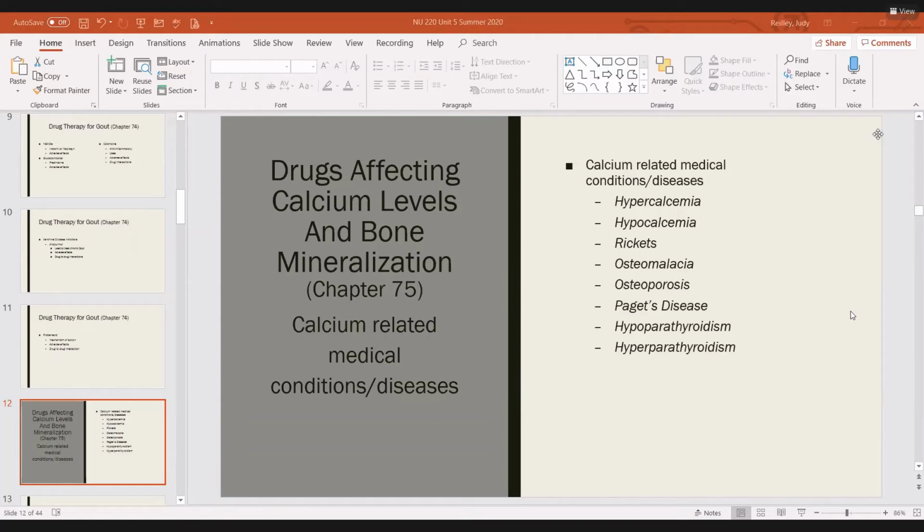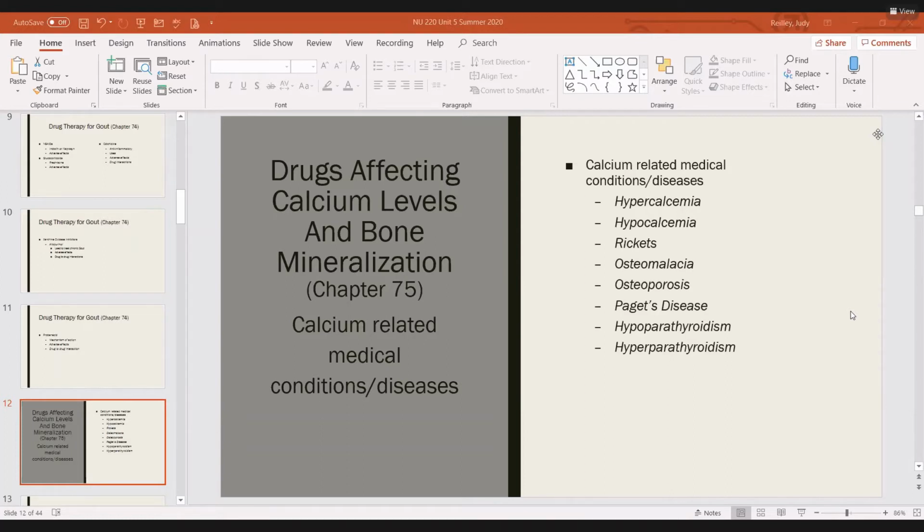And then you have hyperparathyroidism, which is basically a result of having a benign adenoma, which is like a tumor, that causes muscle weakness, constipation, lethargy, and depression. However, hyperparathyroidism can be caused by a secondary thing, such as issues with the kidneys.